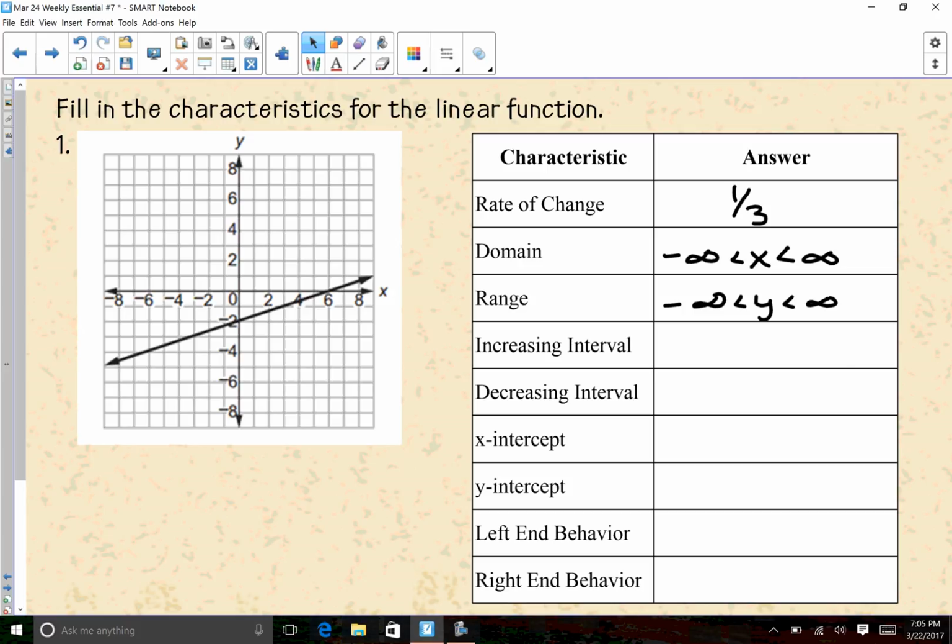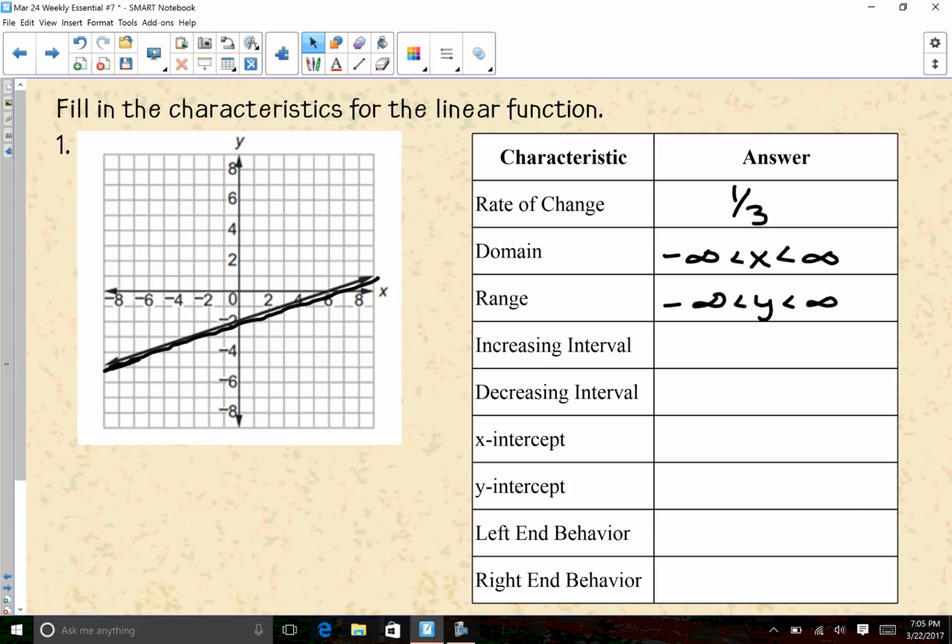The next thing we're going to do is determine whether this line increases or decreases. It's not going to do both. It will do one or the other. Now, if you start on the left of your line, just put your pen or pencil on the left of the line and trace it. Notice as my pen is tracing the line, it is going up.